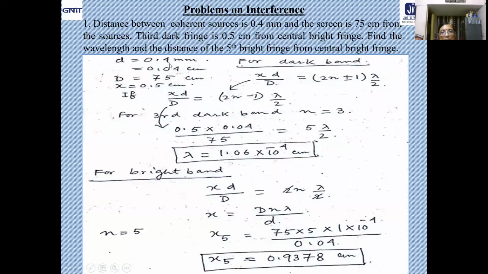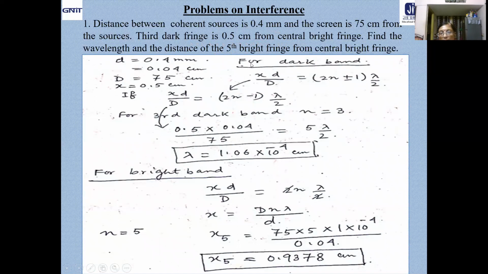So small d is 0.4 millimeter, means it is 0.04 centimeter. Capital D is 75 centimeter. Now, third dark fringe is 0.5 centimeter from central bright fringe. Find the wavelength and the distance of fifth bright fringe. Now, x, that is the distance of the third dark fringe, is given as 0.5 centimeter.